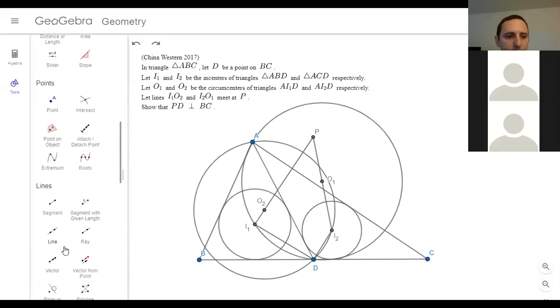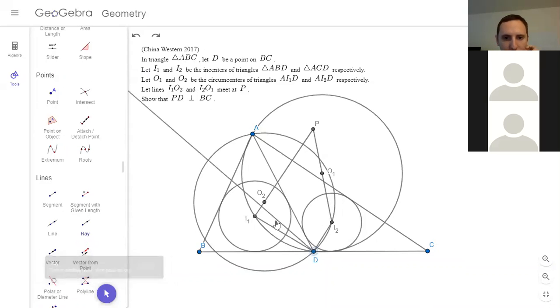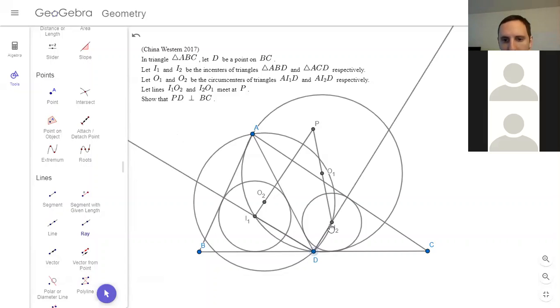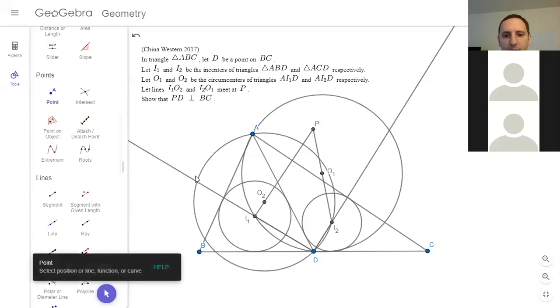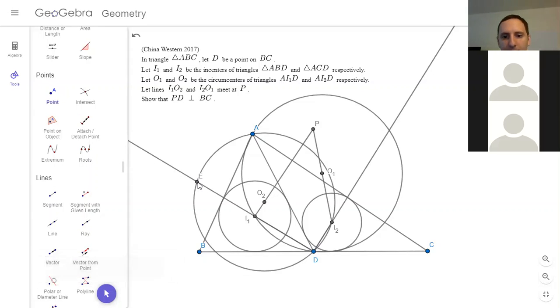All right. Oh, okay. So since that's a right angle, that means I1F and I2E are diameters.